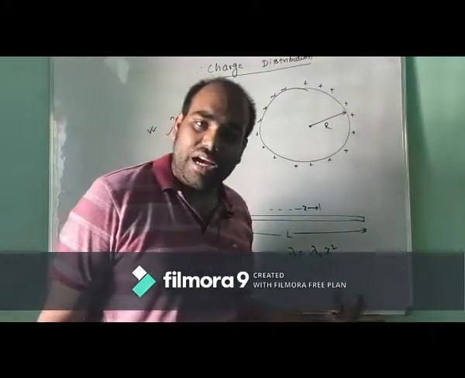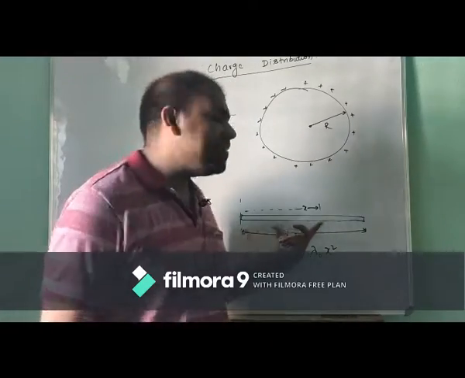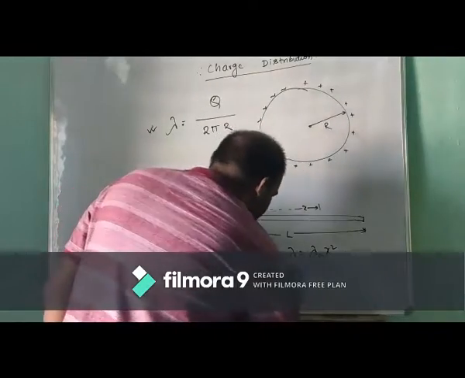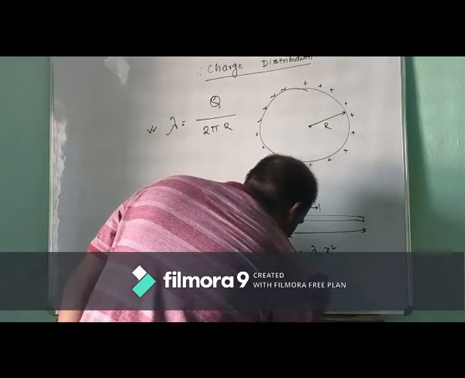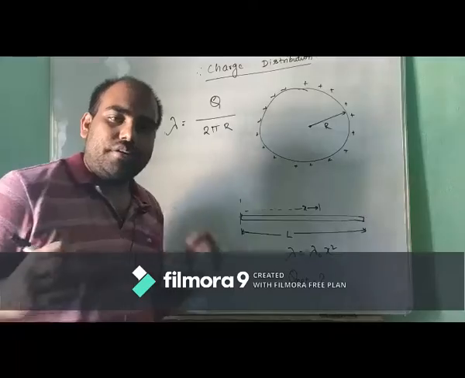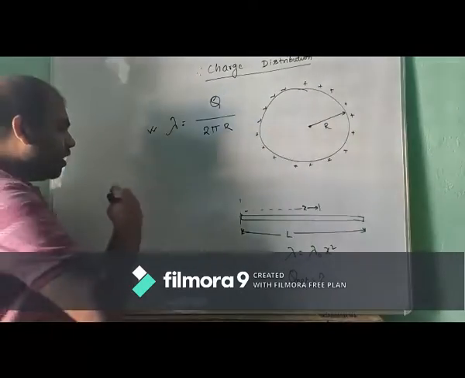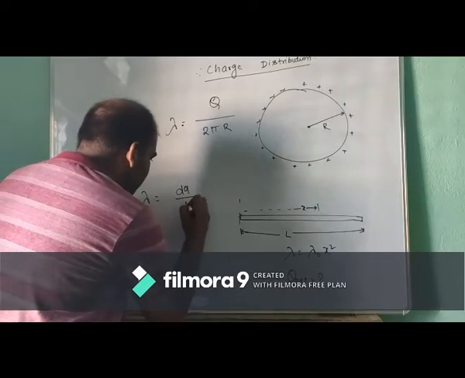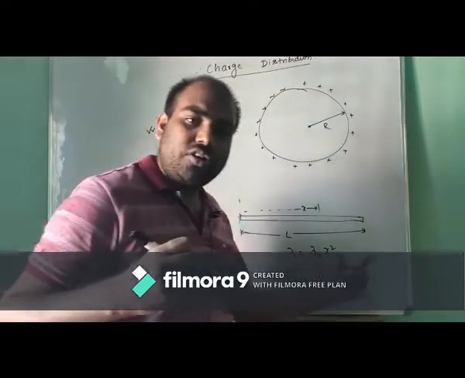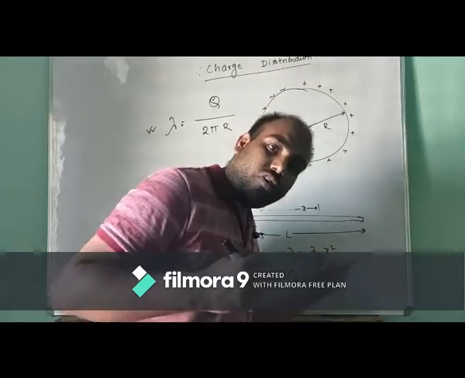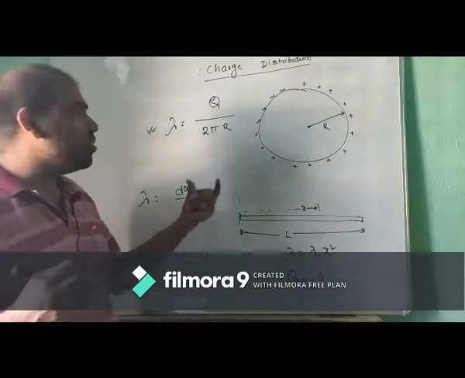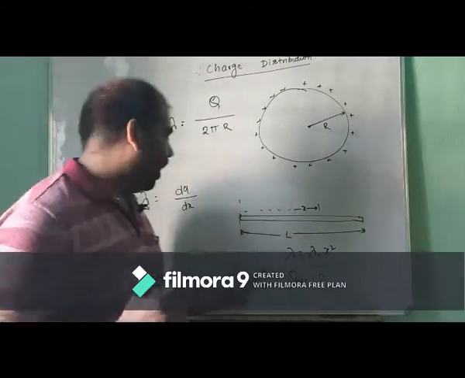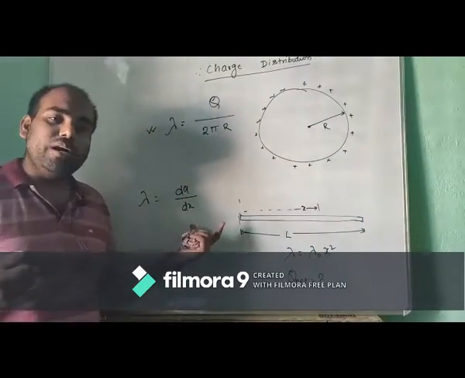The problem asks: what is the net charge on this rod? How will you find that? We know that lambda equals dq by dx. Since the charge distribution is not uniform, we cannot use the formula Q divided by L. We have to use the formula lambda equals dq by dx.